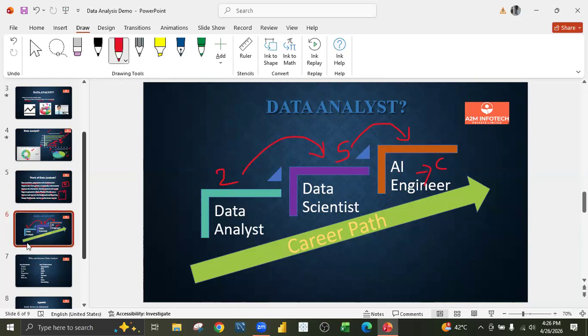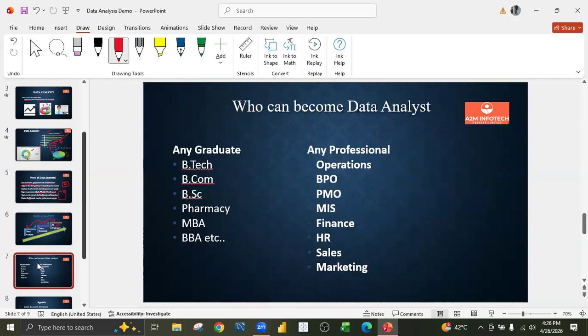Next, very interesting. Who can become a data analyst? Any graduate, any professional can become a data analyst. For a data analyst role, there is no restriction that you should be from a proper engineering background.